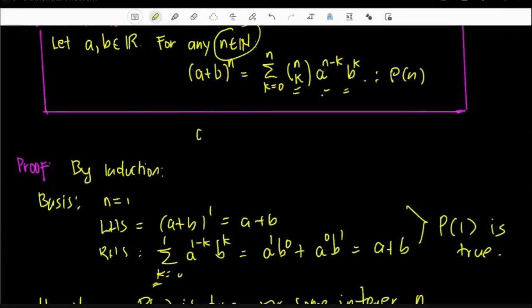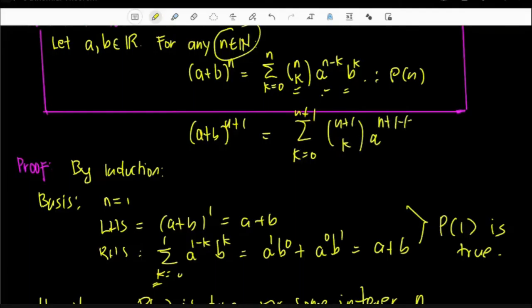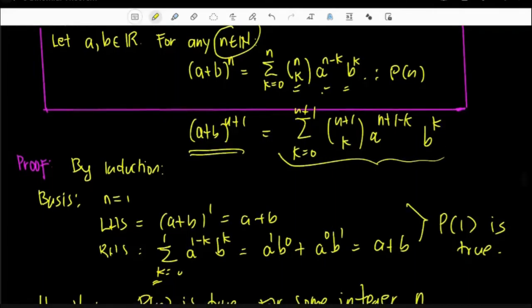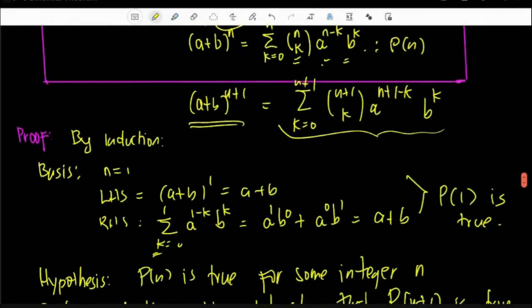So, ang gusto mong ipakita, ang (a plus b) to the n plus 1 ay equal sa summation k equals 0 to n plus 1 ng n plus 1 taken k, a to the n plus 1 minus k, b to the k. So, gusto mong pakita na totoo yan. So, let's start with the left-hand side and then let's show that the right-hand side is indeed the same as this one. Okay? So, start tayo sa (a plus b) to the n plus 1.